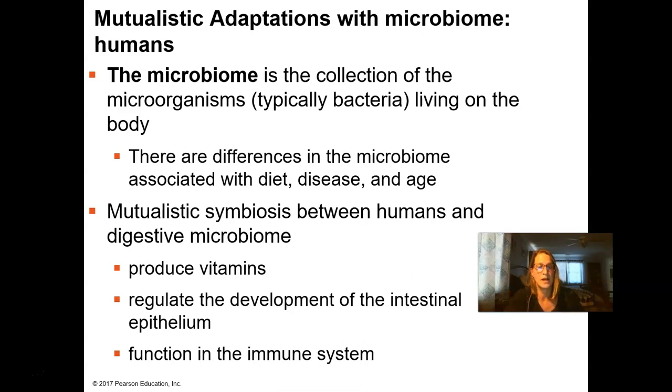Other bacteria help us regulate the development of our intestinal epithelium, the internal skin of our intestines, in terms of the mucosa, which protects us from digesting our own cells. So bacteria are helpful in development of that. And also they can function in helping us with our immune system. And there's so many other ways that we have mutualistic relationships with bacteria.